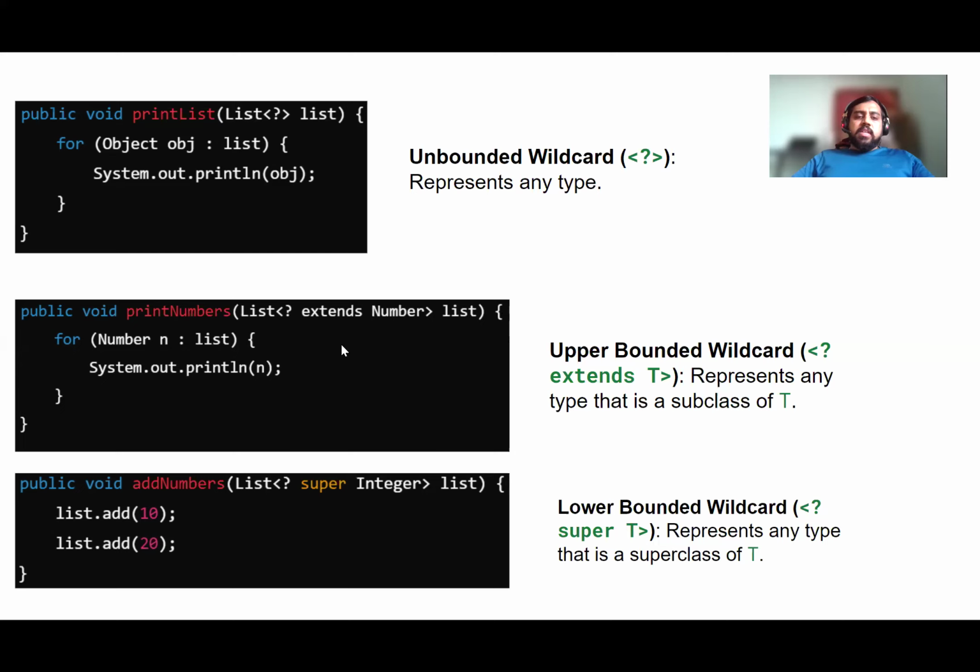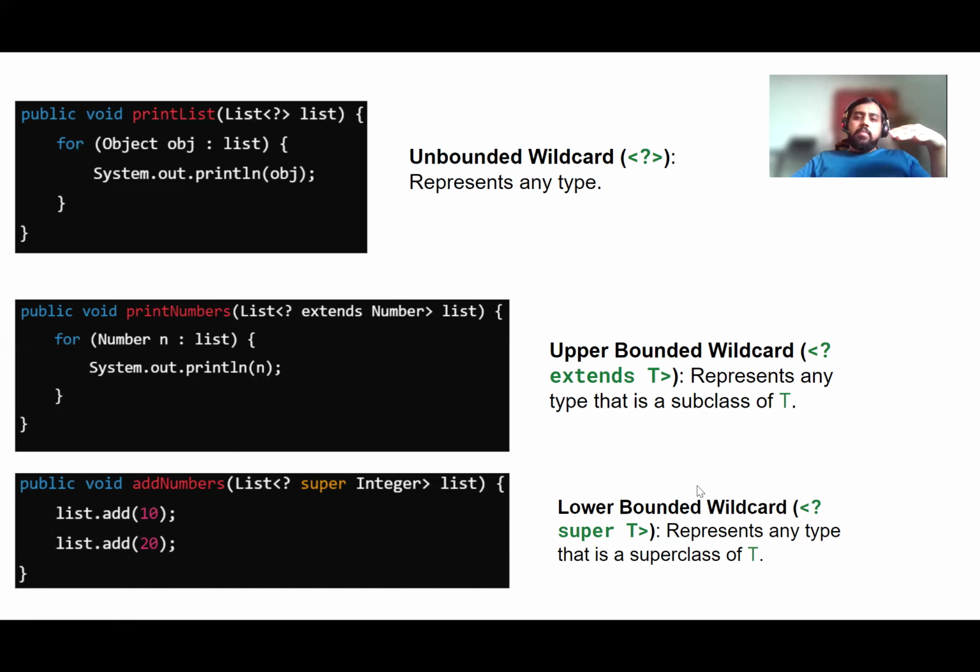Upper bounded wildcards: here we provide some limitations, like List of question mark extends Number, which means I'm passing a list which should be Number type or its subclass types. Subclasses of Number would be Integer, Float, Double, AtomicInteger, etc. And the third type is the lower bounded wildcard, where I define List of question mark super Integer.